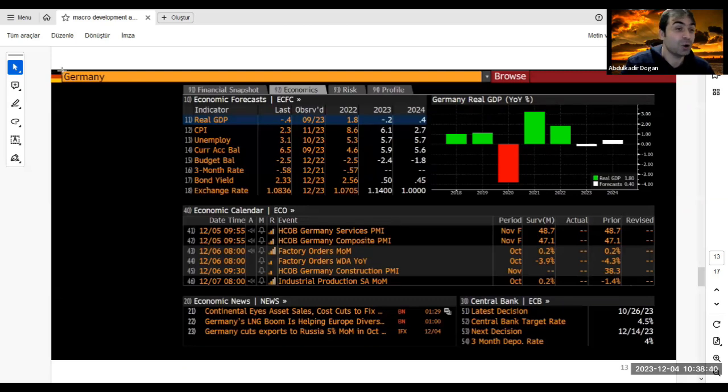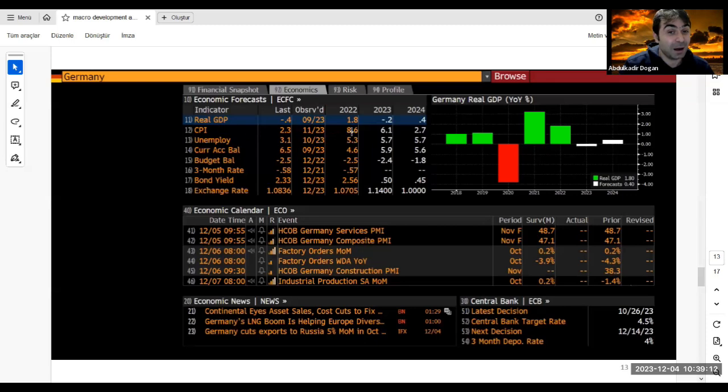And here you can see one of the best representatives of the European central bank and Eurozone economies, Germany. As you see here, the real GDP for Germany is in recession, and for the overall 2023, it will be around minus 0.2. But next year, it will be positive. So the market is saying that if you decrease your interest rate during 2024, then you can create positive real GDP growth.